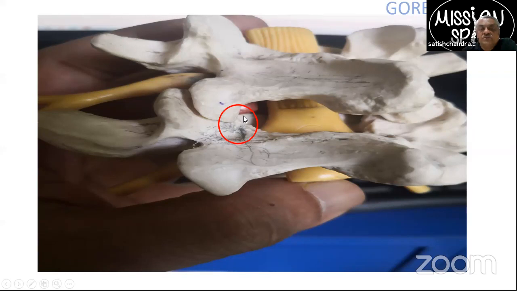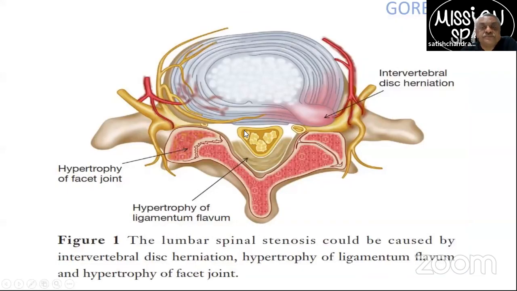And if you look down inside the canal, you're looking at the lower border of the disc, the upper part of the body, and the upper part of the lamina, and we are actually on the shoulder of the traversing nerve, which now is becoming the exiting nerve. Now, this is a very important area. I'll talk about it very soon. Just listen to what I'm saying.